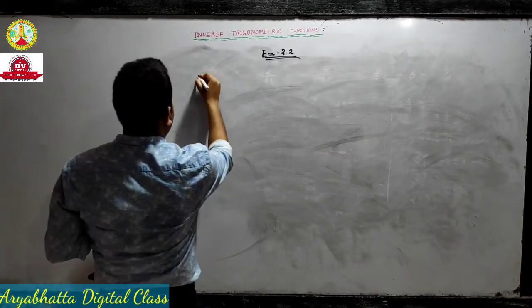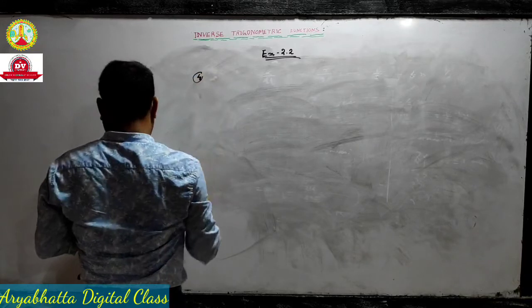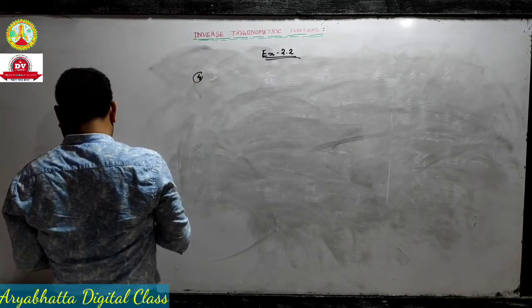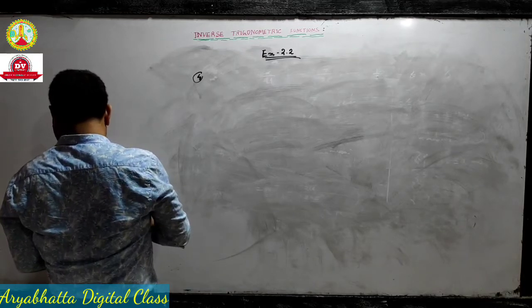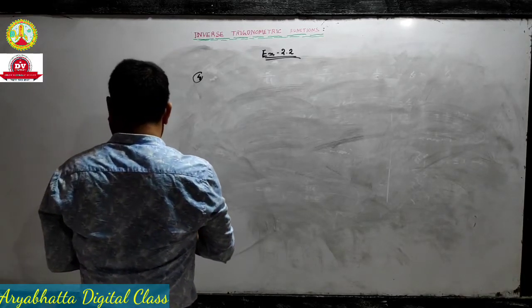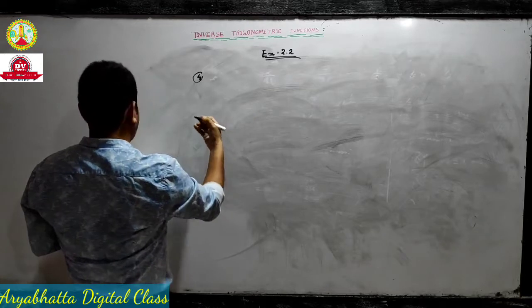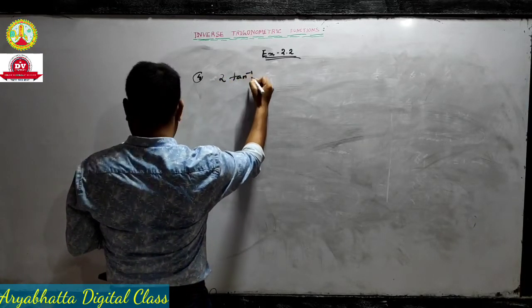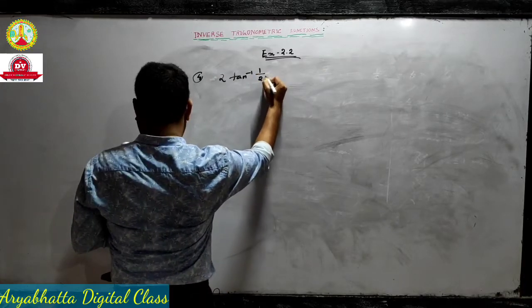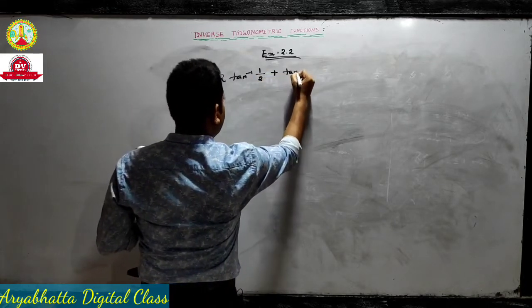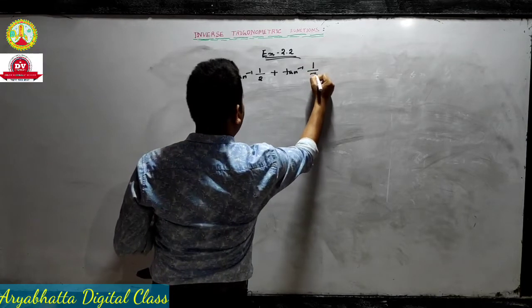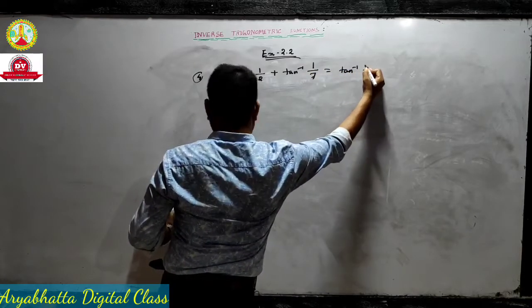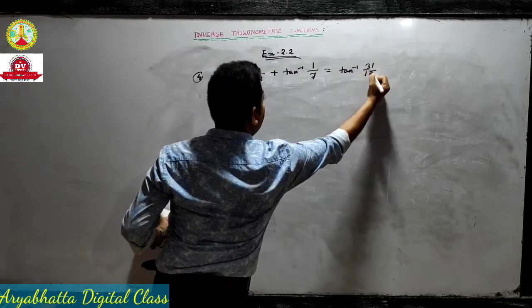Next, we will discuss question number 4. Tan inverse 1 by 2 plus tan inverse 1 by 7 is equal to tan inverse 31 by 70.